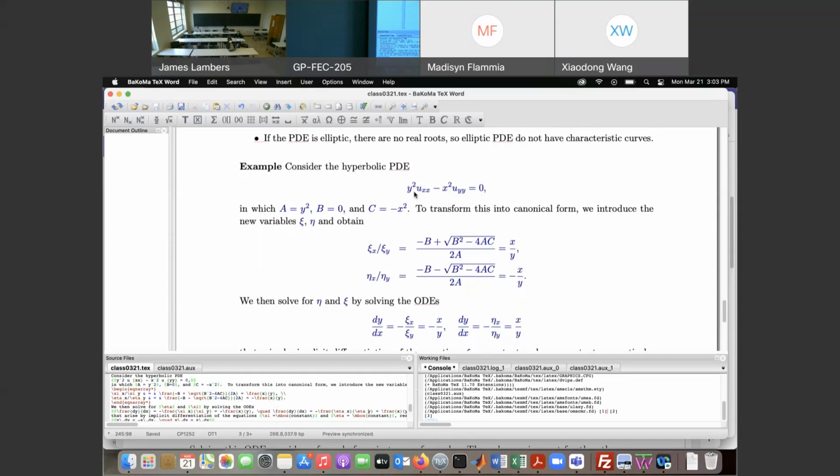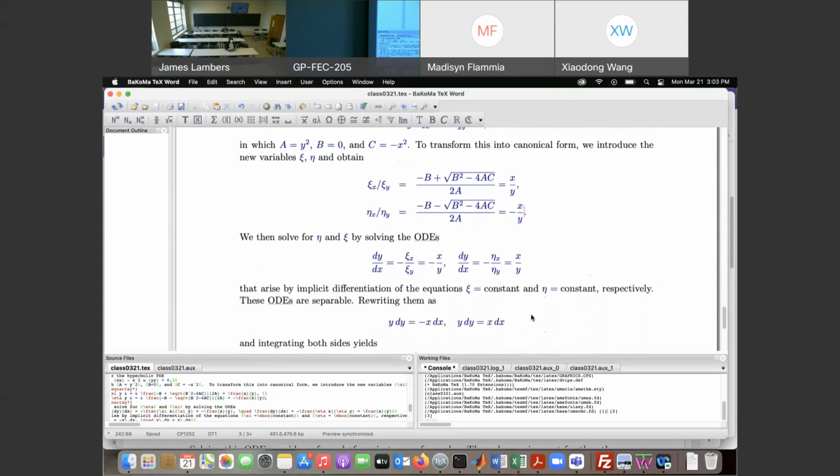So in fact, if you're given a specific PDE and you establish that it's hyperbolic, then you can actually jump. You work out what these formulas are first, xi x over xi y, eta x over eta y, and then you can jump directly to having these ODEs, where dy dx is equal to the negatives of these expressions that you get from your A, B, and C. And then you just go about solving these ODEs.